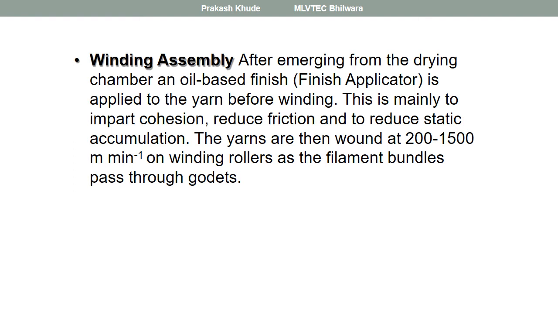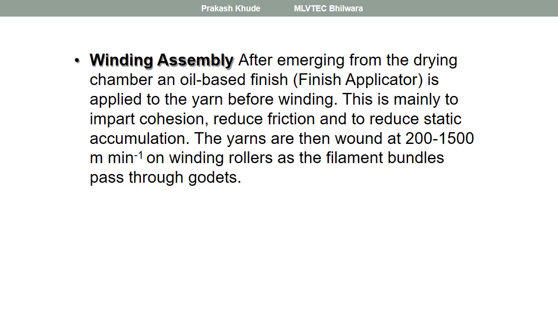Before that, we apply the spin finish that we already discussed in melt spinning systems, the same type, onto the filament coming out of the dry spinning system before it goes to winding. The three functions needed are lubrication, cohesion and anti-static properties, and the winding speed can be 200 to 1500 meters per minute in dry spinning systems.